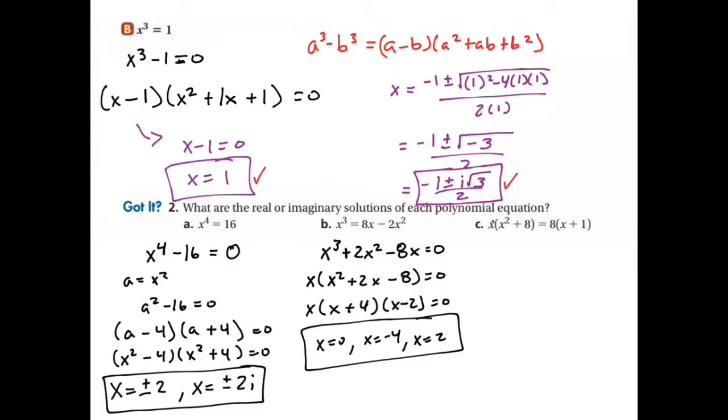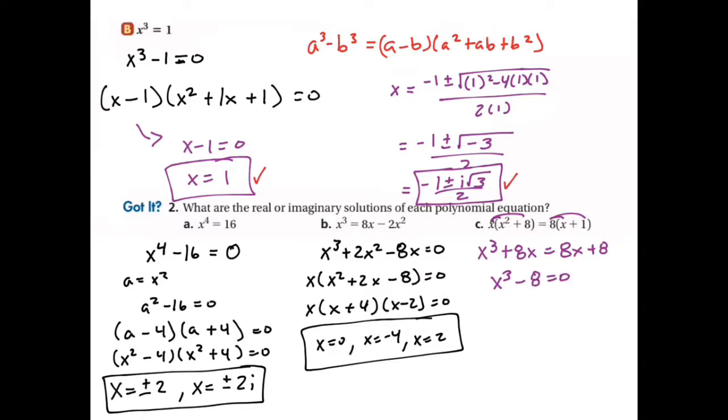Question C, a little longer. In reality, I said it was factored already. It's actually not very helpful. We're actually going to distribute this back out because we need to know what we're working with. So x cubed plus 8x equals 8x plus 8. In this case, we'll bring the 8x over, so we've got x cubed minus 8 equals 0.